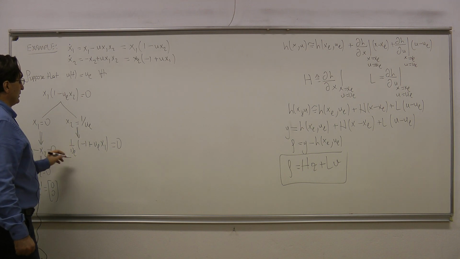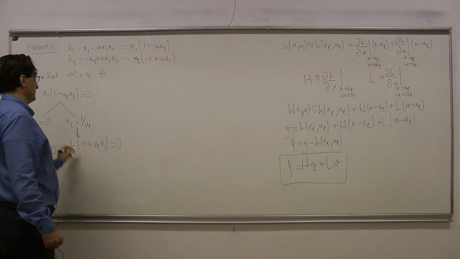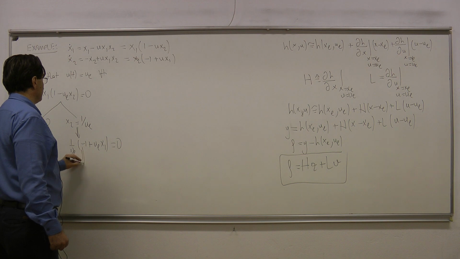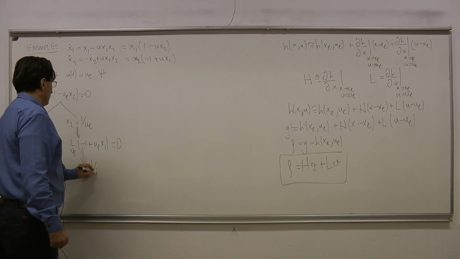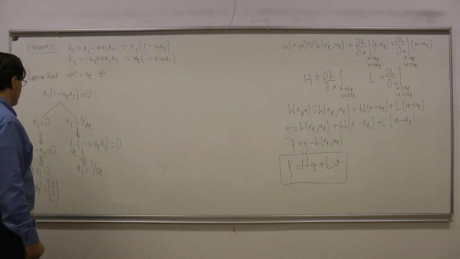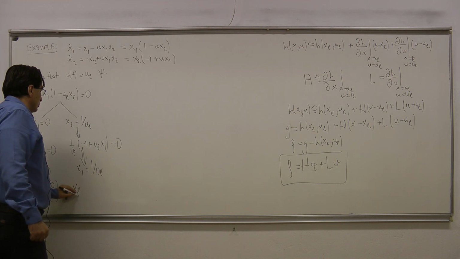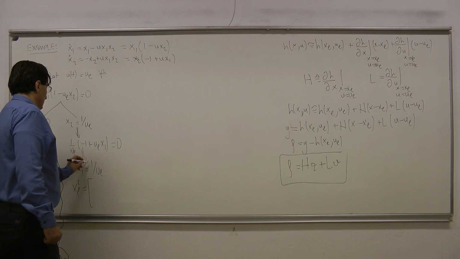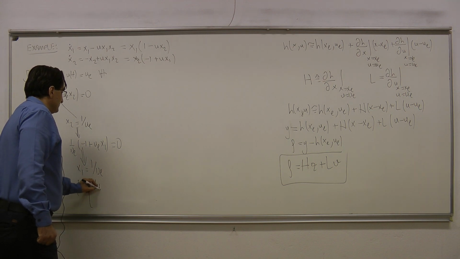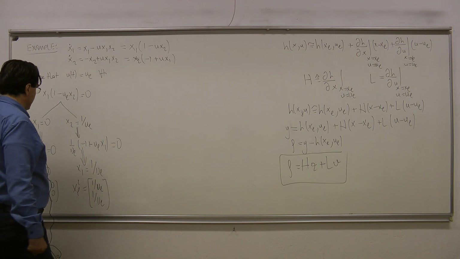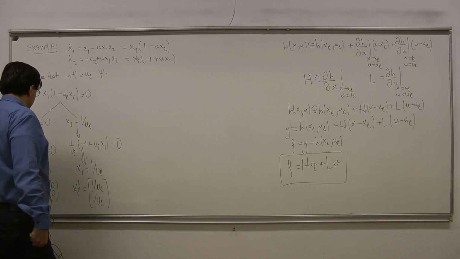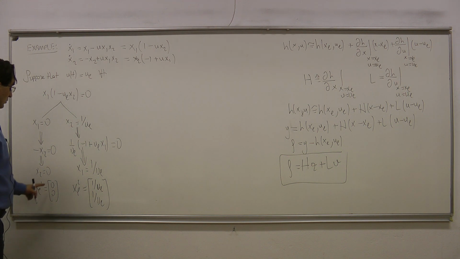This term cannot be equal to 0, that means that the other term should be 0. And that gives us x1 is equal to 1 over ue. Okay? So this means that the second equilibrium point is (1 over ue, 1 over ue). So both coordinates are equal, and the first one is the origin.